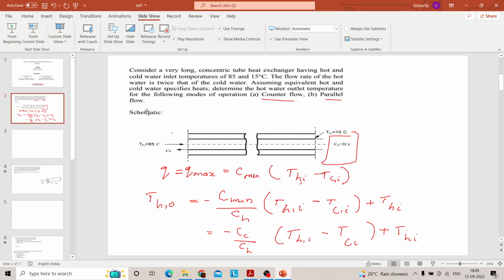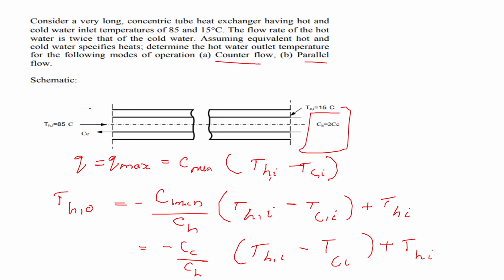So here you have to calculate the outlet temperature. First, the assumptions we took are that we are neglecting potential and kinetic energy changes, and there is no heat loss to the surroundings. Then we have to calculate the Q value.